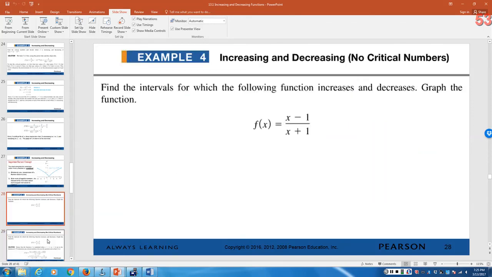So let's try one more. Find the intervals for which this function increases and decreases, and then graph it. That's the same thing you're doing with all of them. So the first thing we need to do is take a derivative, right?